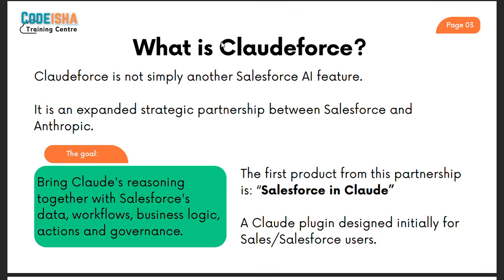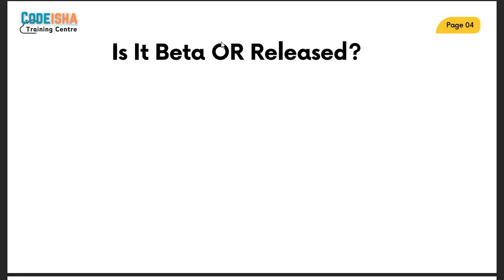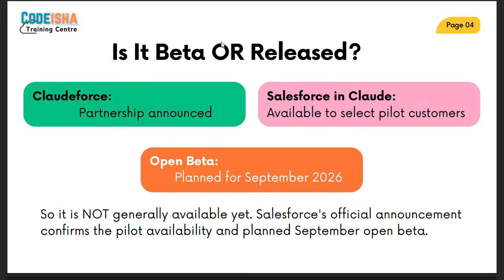So coming to whether it is a beta version or a release version. As of now, the Claudeforce partnership was announced recently, two days back. Salesforce in Claude is available to select pilot customers, and open beta is planned for September 2026. I think it will be released at Dreamforce.